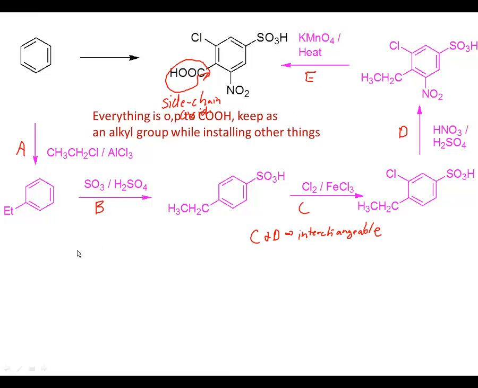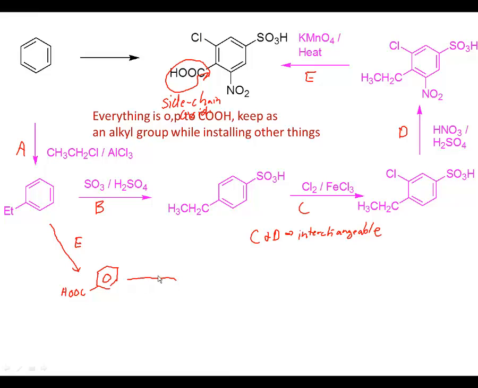Okay, so where could we screw up? Well, you could screw up by doing this too early. So let's do step E right here. We'll just draw a circle there.